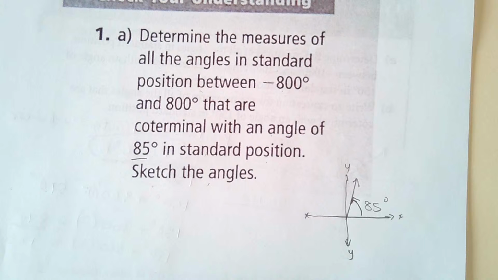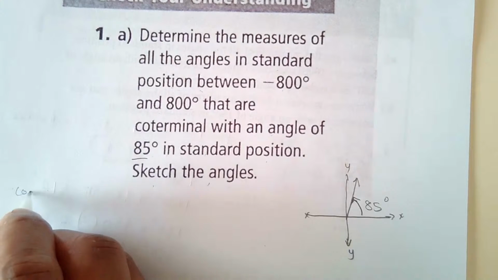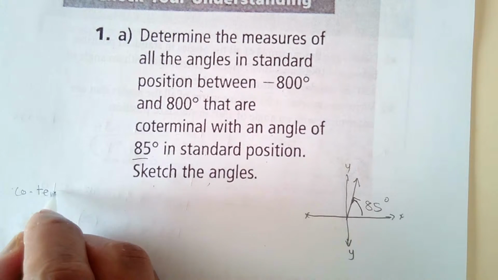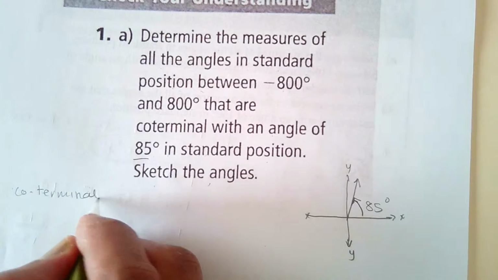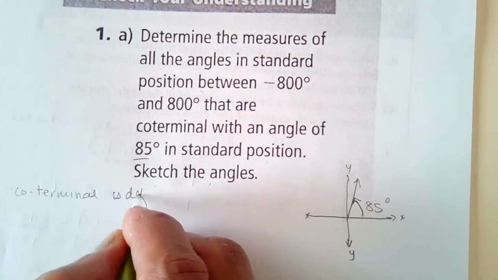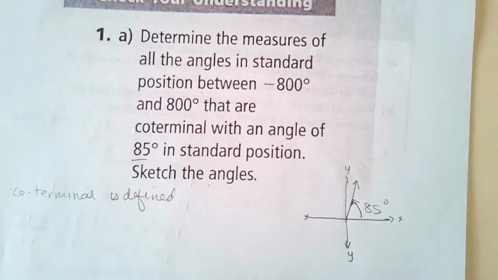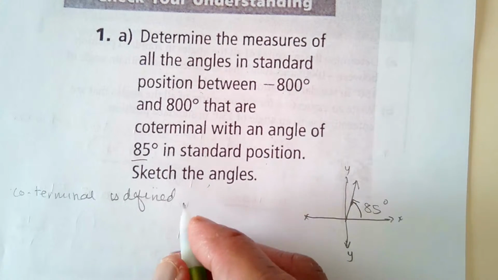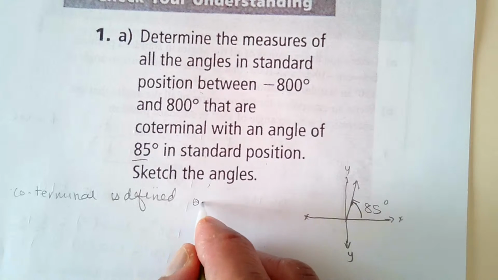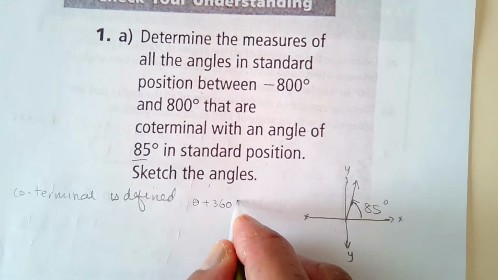So we are using, recall, we know given any angle, the coterminal is defined. So define coterminal. Given any angle theta, in terms of theta, it's defined as theta plus 360k.